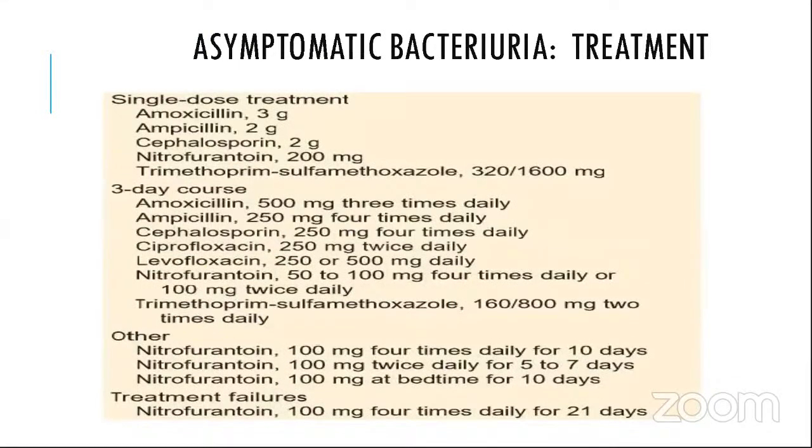Treatment of the asymptomatic condition: asymptomatic bacteriuria should be treated by single dose antibiotics. That is one shot, a 3-day course, and others for 7 or 10 day courses. Just for example, amoxicillin, cephalosporin, and nitrofurantoin can be given as a loading dose and that's all.